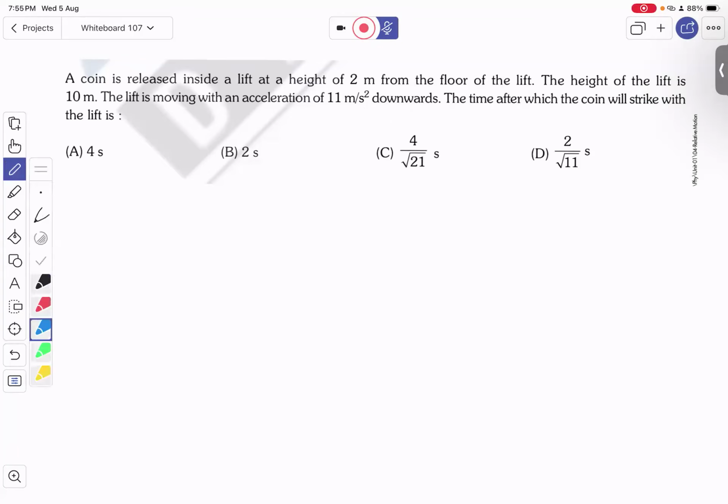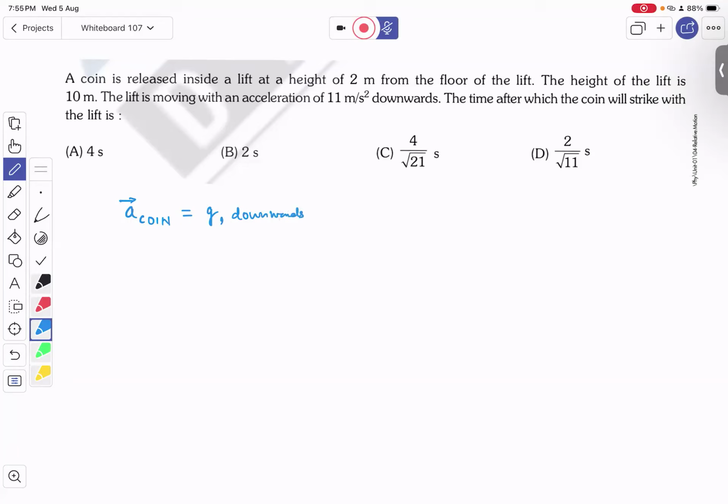So let's check out what are the things we know. We know the acceleration of the coin with respect to the ground frame, and that is going to be g, but which way is it? That g is downwards, correct?